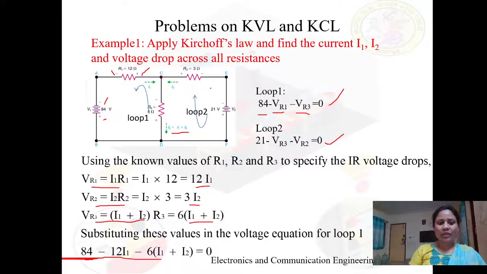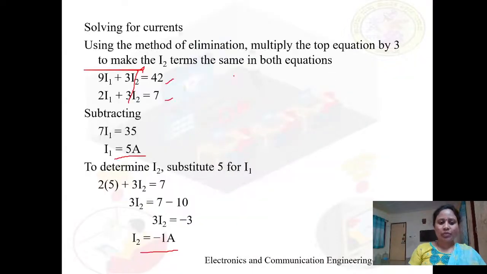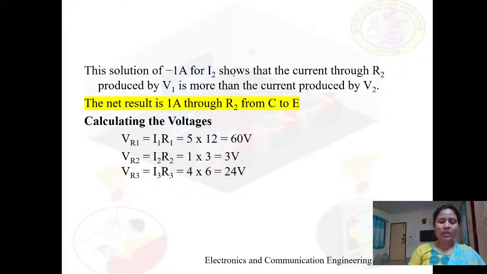That is, we have assumed the current flows from point E to C, but actually it flows from point C to E. Okay, no need to bother about the negative value. The only thing is our assumption is in the opposite direction, which we have indicated here.